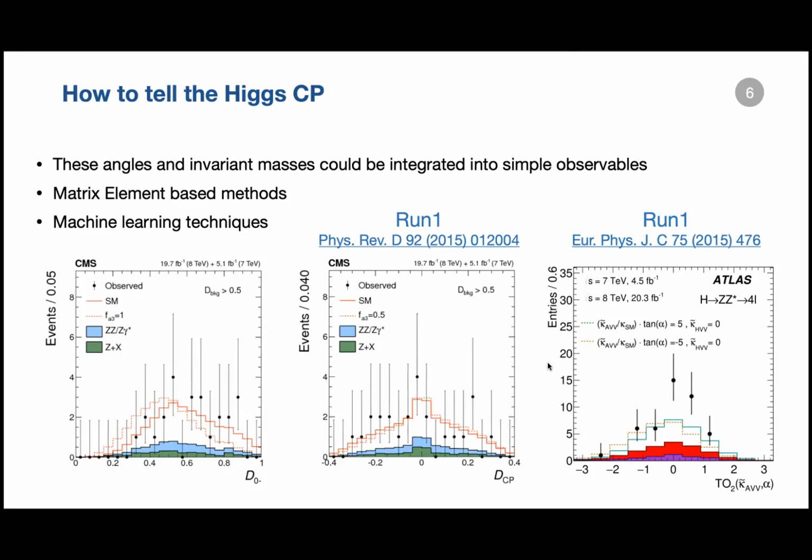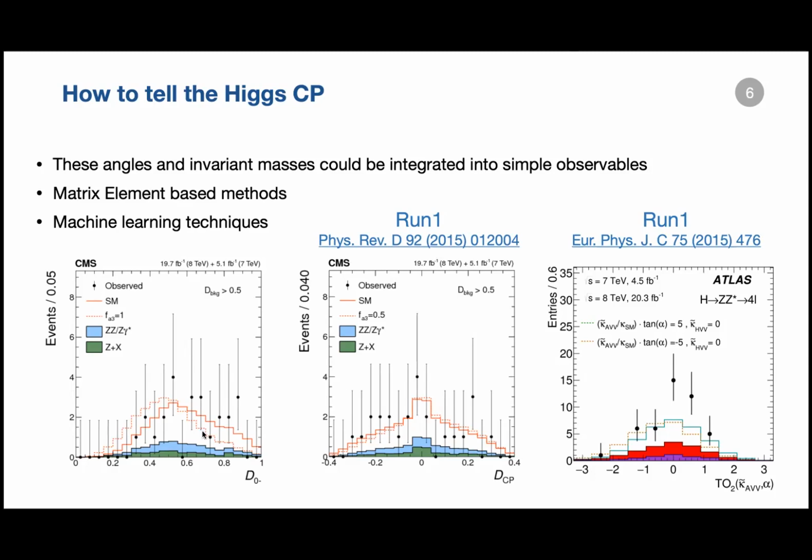And this is the usual technique they use in the end, meaning they integrate multidimensional information into one single observable. Here they use matrix element-based methods, meaning you have all the final state particle kinematic information, you give it to the matrix element calculation, and then you build an observable based on this calculation that is smart enough to tell apart CP even and CP odd. And that's indeed the case.